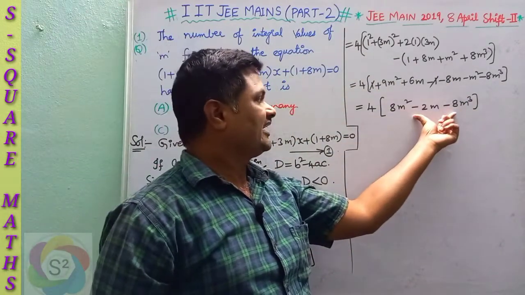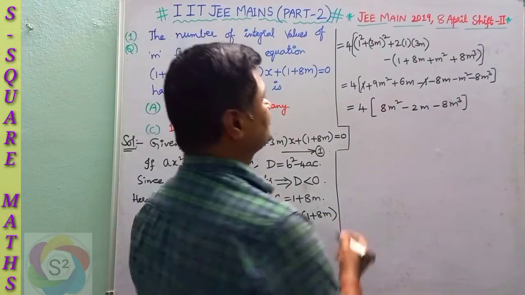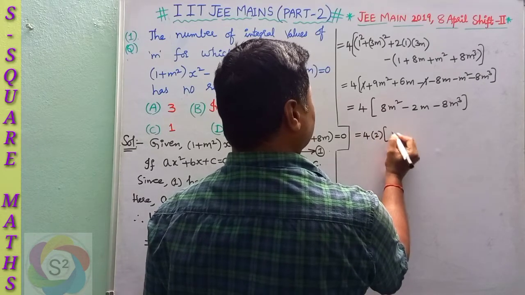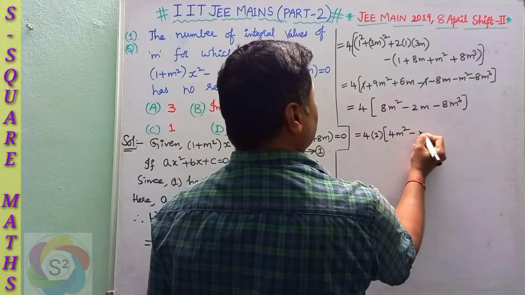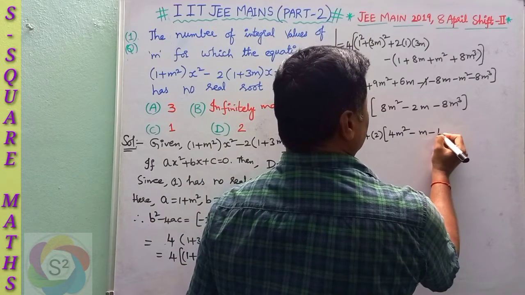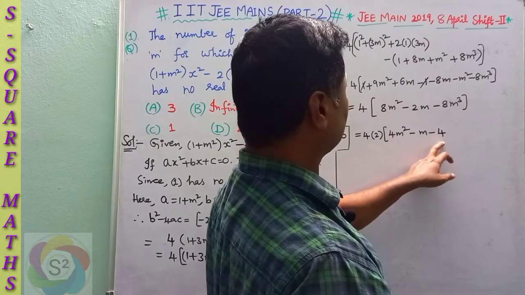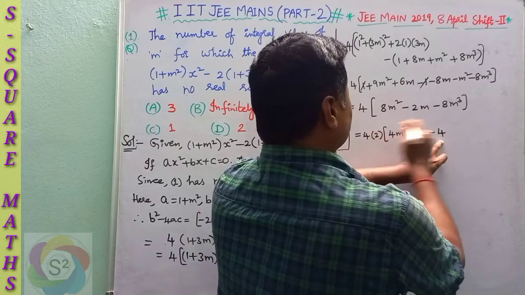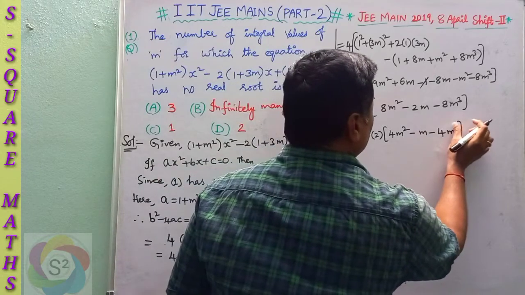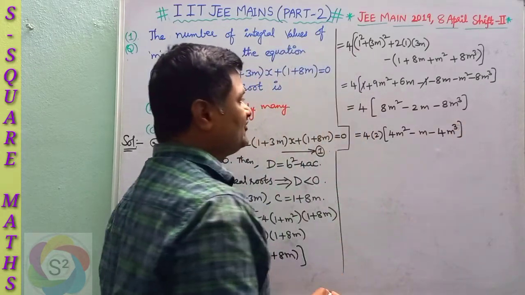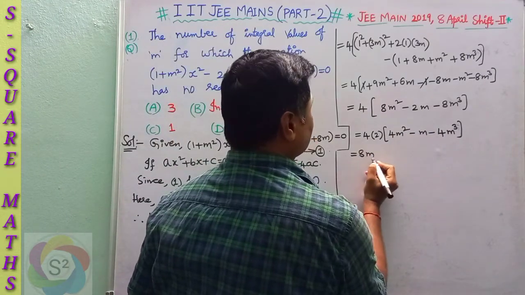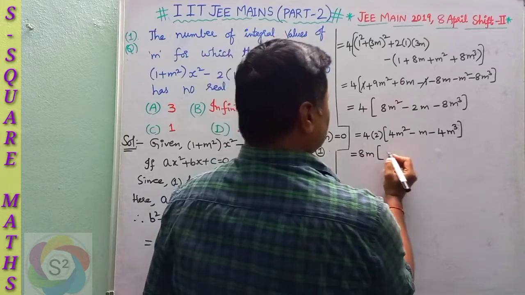If you observe carefully, again I can take 2 as common. So 4 into 2, I can write 4m square minus m, and here it is minus 4, and I can take 2 as common, m square, m cube. Again if you observe carefully, I can still take m as common, so 8m as common.